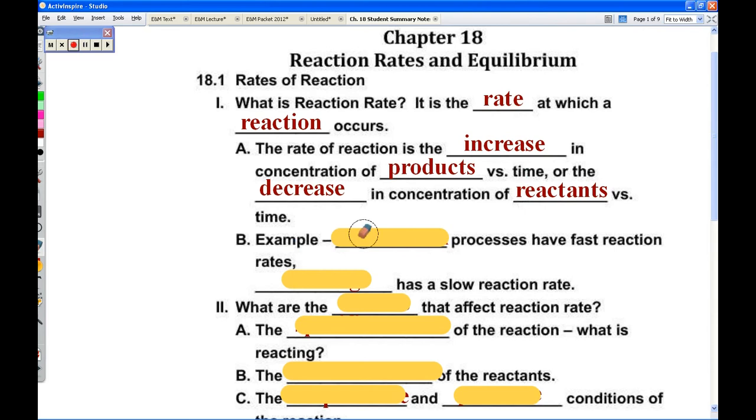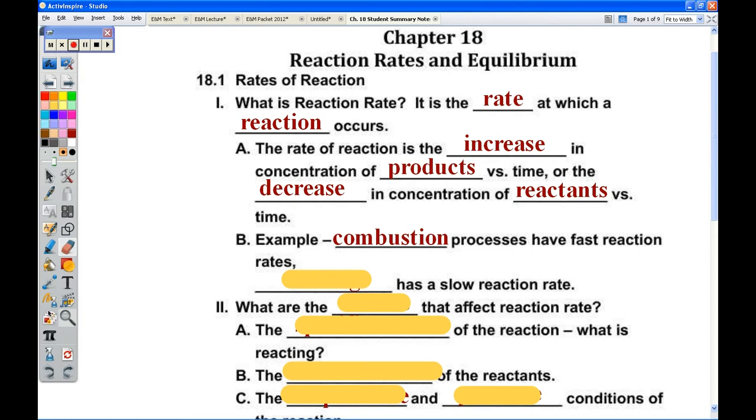So, for example, combustion processes have very fast reaction rates. Combustion processes are very often things that go boom, and then it's over. Or look at how fast a match lights, and then it's done.